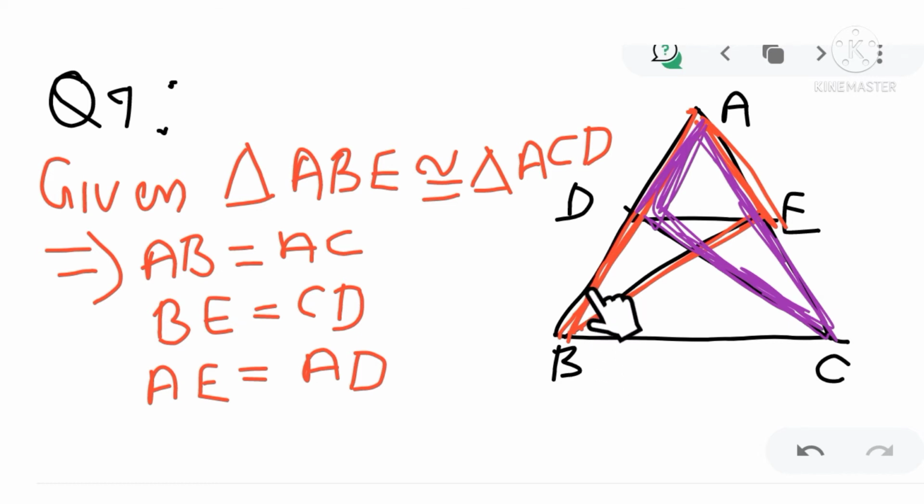Therefore angle B equal to angle C. And also in triangle ADE, AD equal to AE. Then angle ADE equals angle AED.